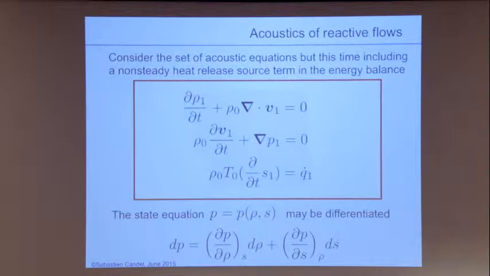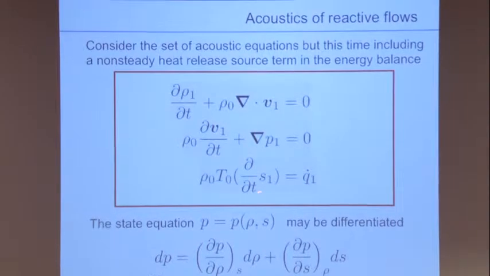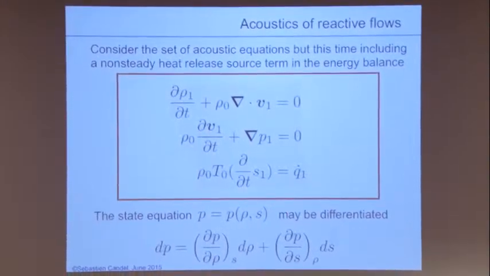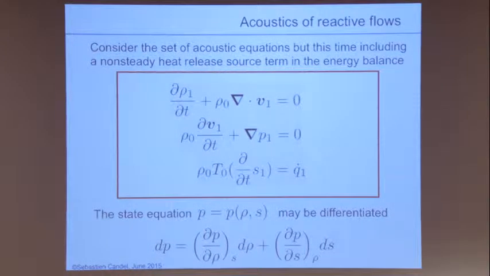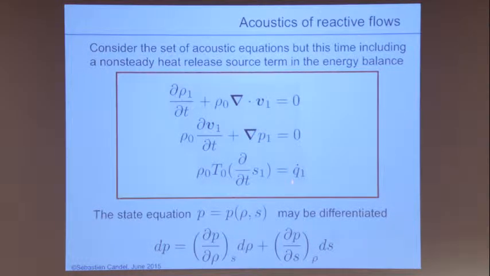So in this case, what we want to do is now look at these equations, but with fluctuations in the heat release. In the balance equation for the entropy, we now have a term on the right-hand side.